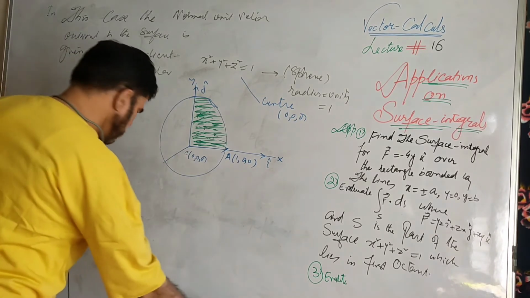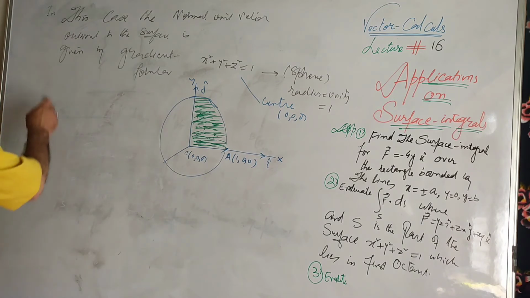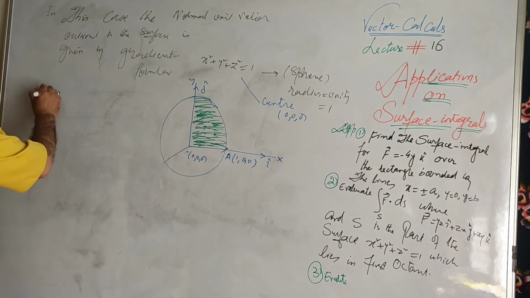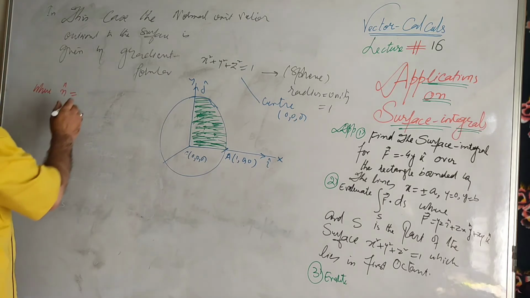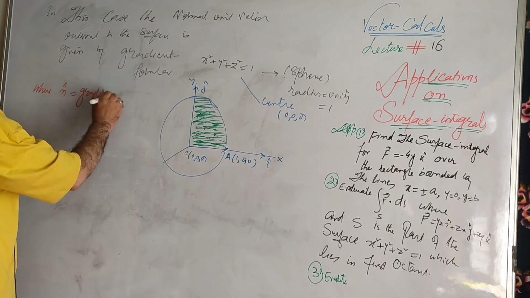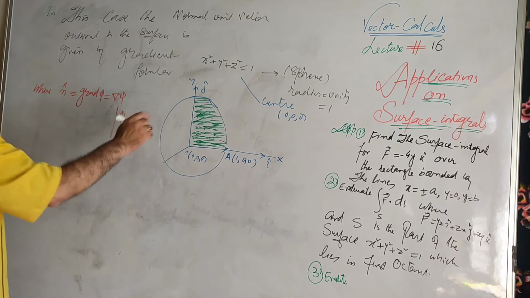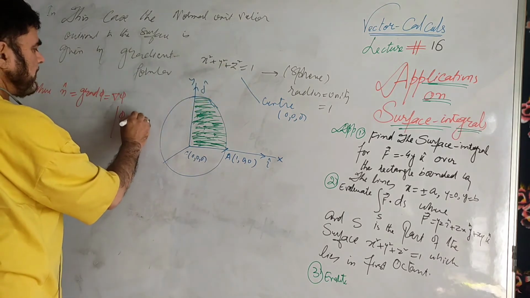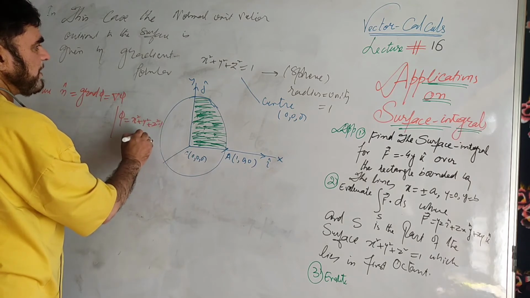I will write equation number 1 again, no problem. Your unit normal vector is given by the gradient of phi, that is del phi. Now what is your phi? It is given by the surface: x square plus y square plus z square minus 1 is equal to 0.